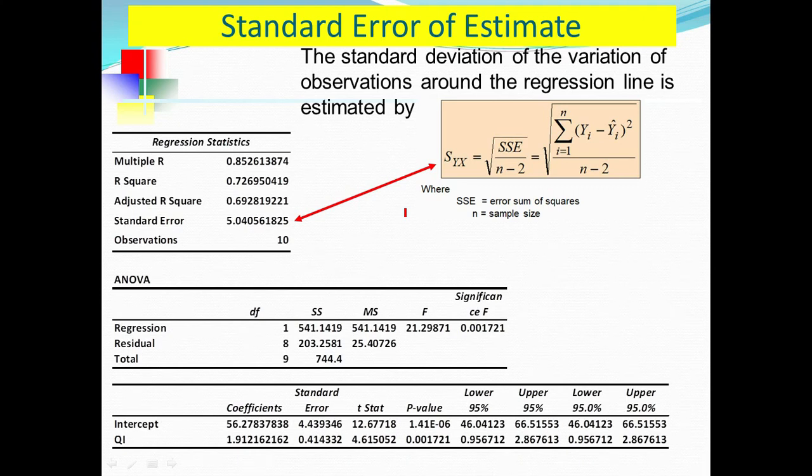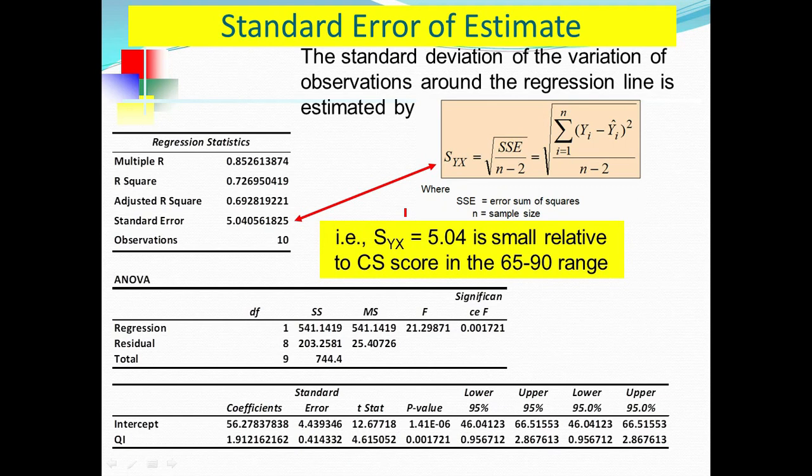The smaller the value of standard error, the better the prediction, because the variation of the data scattered around the prediction line is small. If we have a larger standard error, the variation of the data scattered around the prediction line is bigger, so the prediction may not be as good as when we have a small standard error.